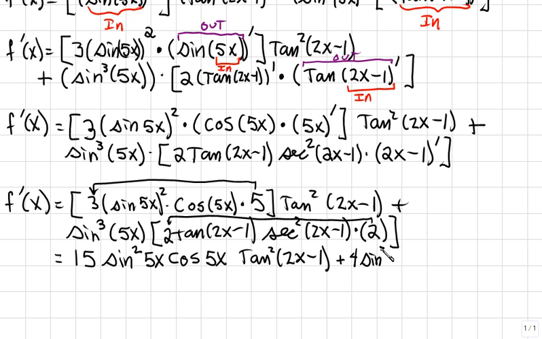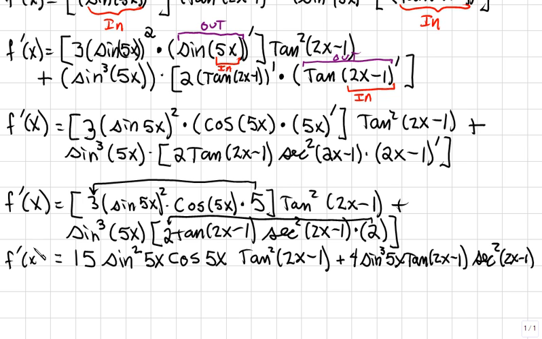Sine cubed of 5x. Then we'll write tangent of 2x minus 1, followed by secant squared of 2x minus 1. So this becomes the derivative of our original function.